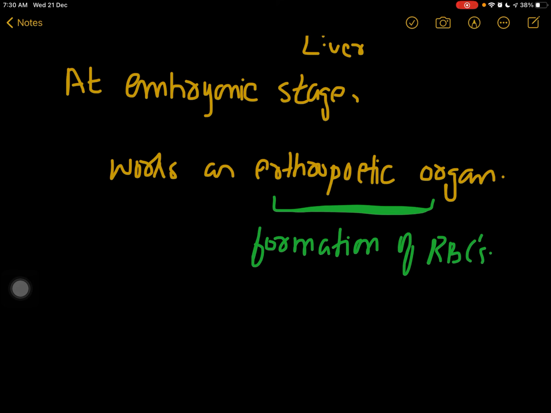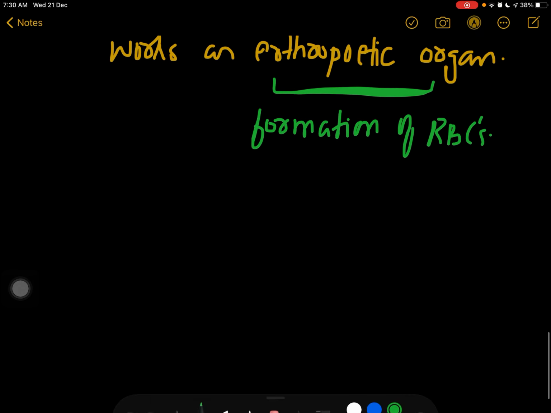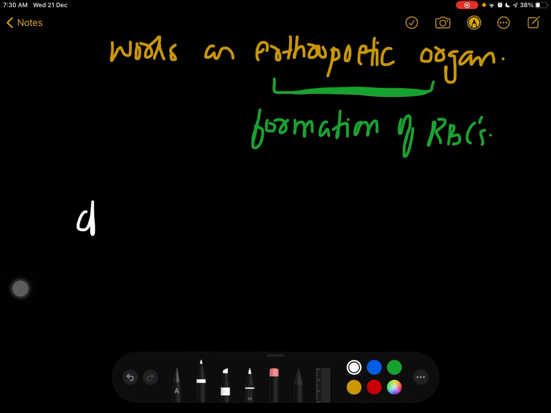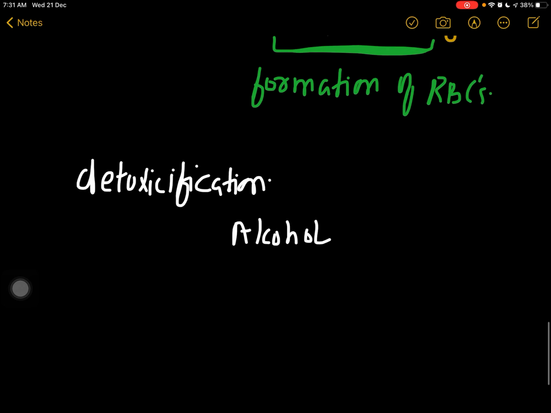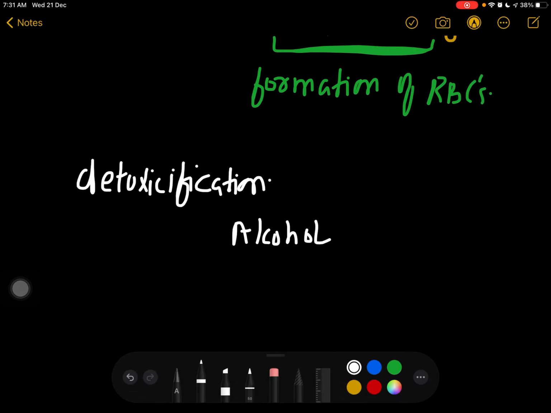Next, it works in detoxification. What does that mean? There are some people who drink alcohol. Alcohol is a poisonous, toxic substance. So this alcohol is detoxified with the help of liver.